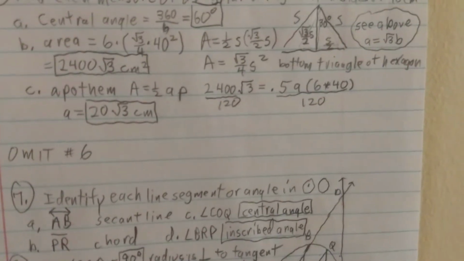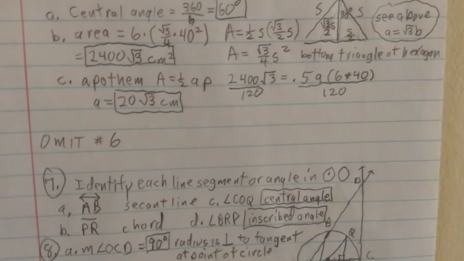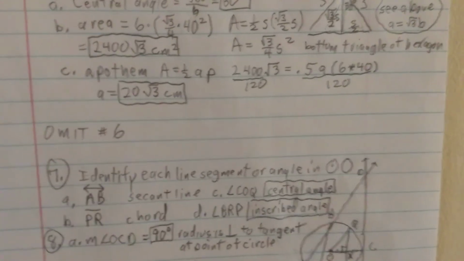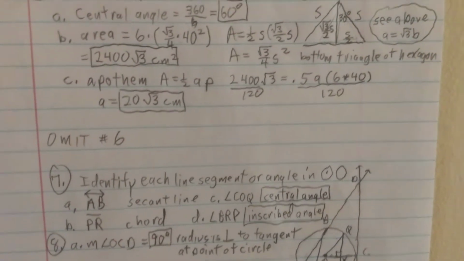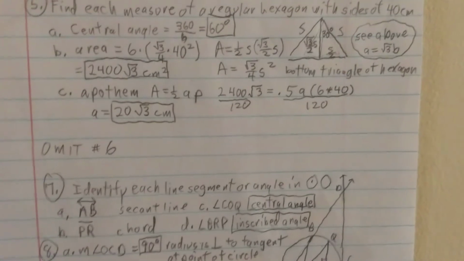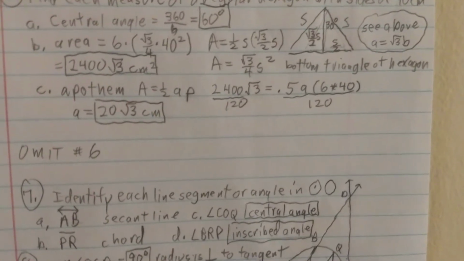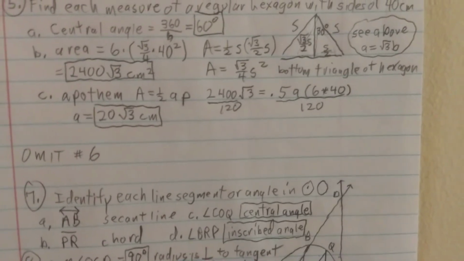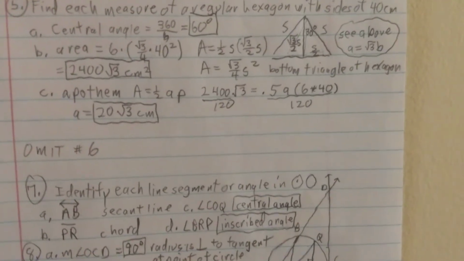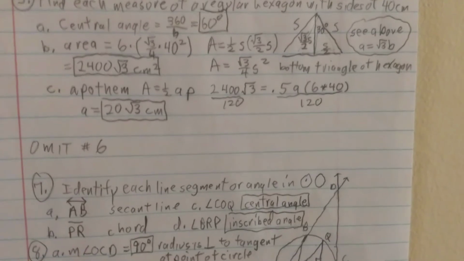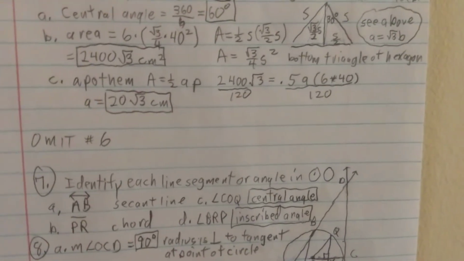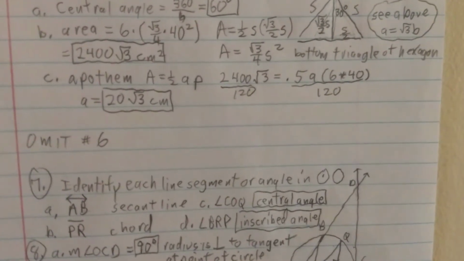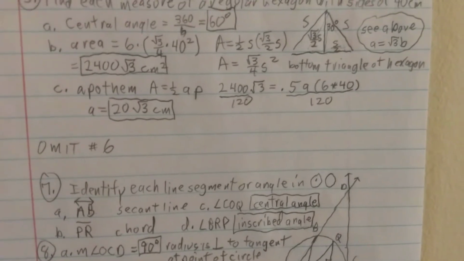Now finding the apothem, we take it as a from the area formula for regular polygons. We take A is equal to 1/2 apothem times P. We know the area from above is 2400 square root of 3, and then we have times 0.5 a times 6 times 40, okay?